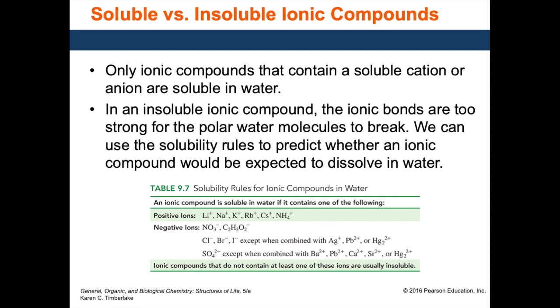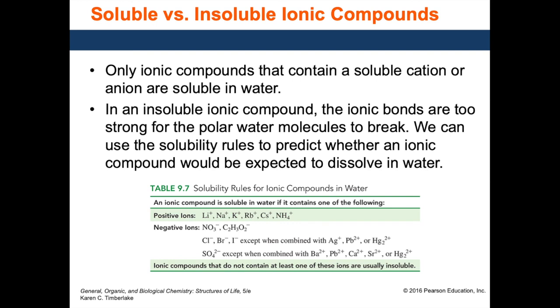Now, of course, there are salts that have ions that we haven't covered here. Most ionic compounds you come across will include some of these ions, but if there are any that don't, you can assume that they're going to be insoluble.